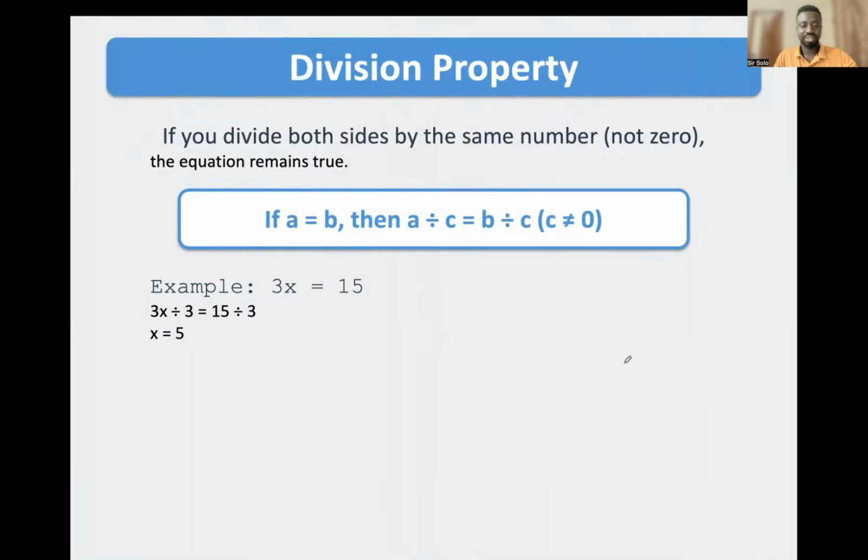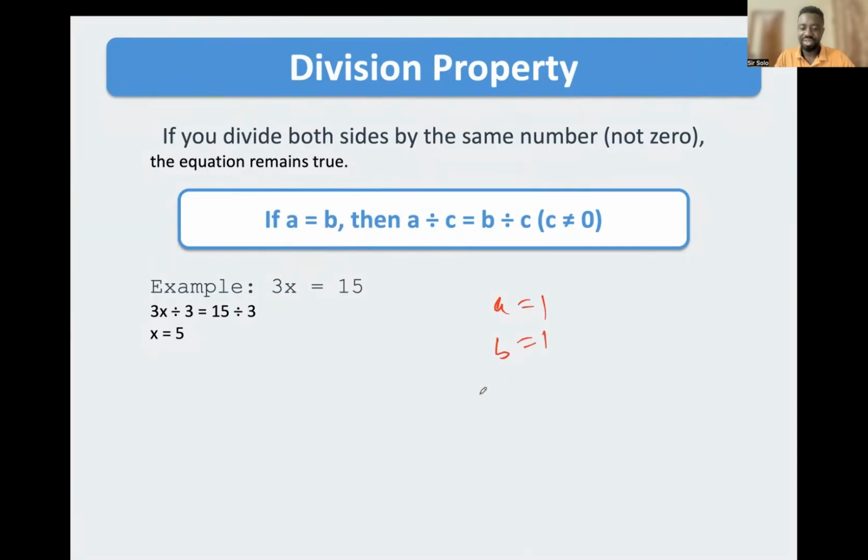The division property is that if A is equal to B, then A divided by C is equal to B divided by C, provided C is not equal to 0. Say A is equal to 1, B is equal to 1, right?